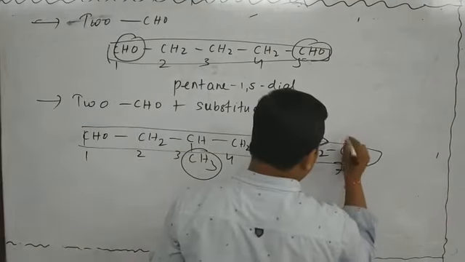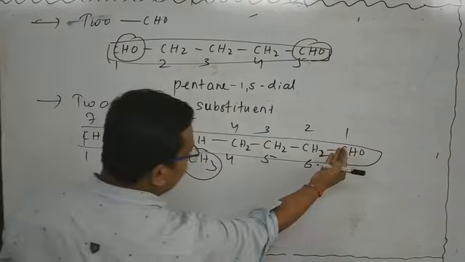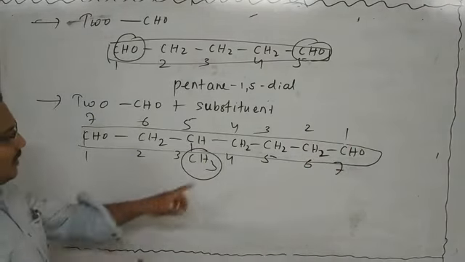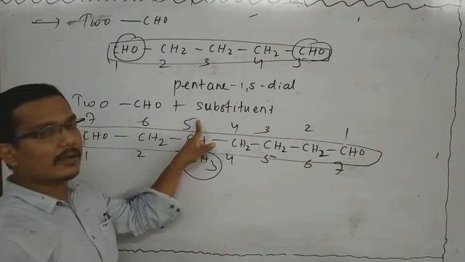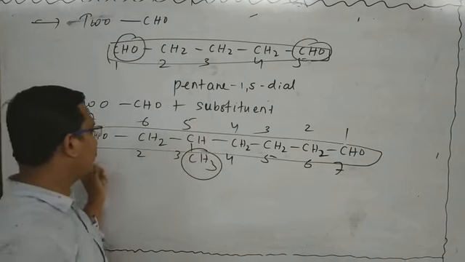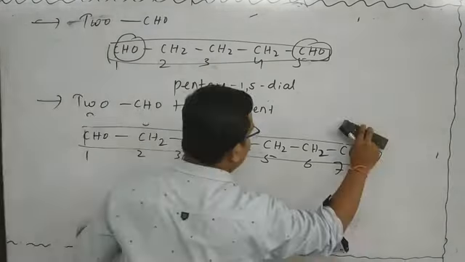If you start numbering from right to left, then this C3 gets number 5. It is the highest locant as compared to left to right, so we cannot take this numbering.